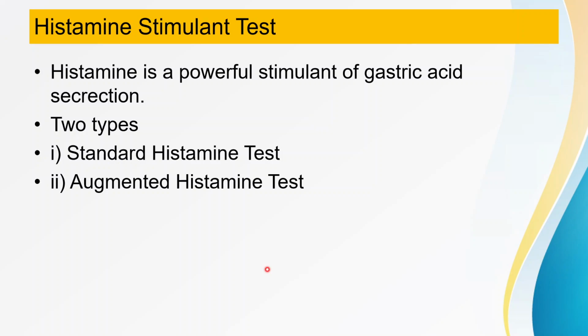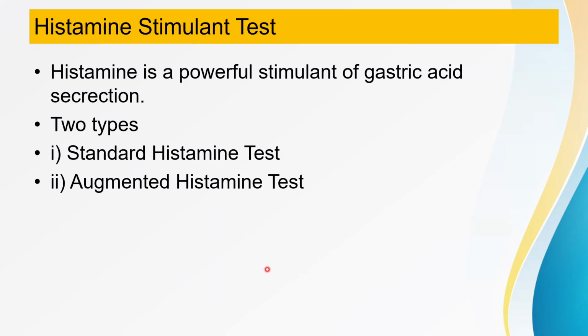It may be achylia gastrica. Achylia gastrica means the pepsin also will not be secreted. In true achlorhydria, HCl will not be secreted but pepsin will be present. That is the difference between achlorhydria and achylia gastrica.